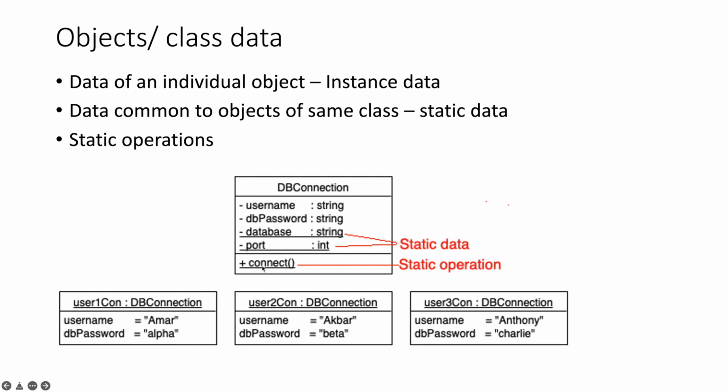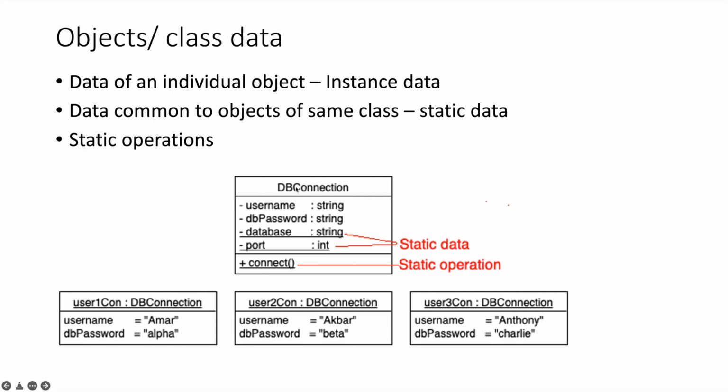Of course, in this class, this operation being called as a static method can access only static data. So remember this catch, even though we are not going to go into depth of this, but when someone calls connect as a method, the connect method will be called on the class name.